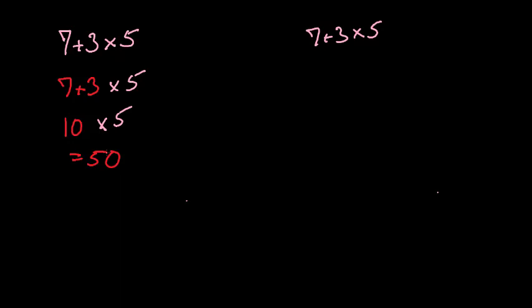But then this person would want to do 3 times 5 first, and then add 7 to that answer. So they would do 3 times 5, which is 15, and then they would add the 7. And if we did that, we would get the answer of 22.